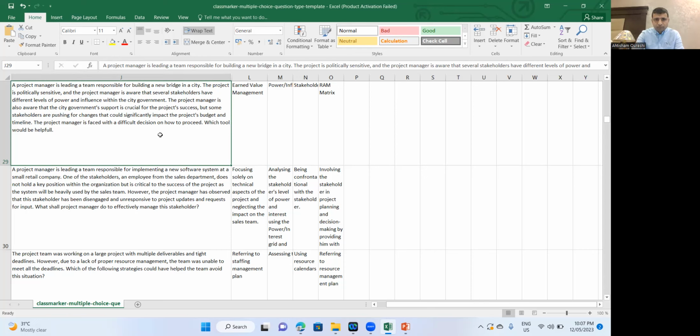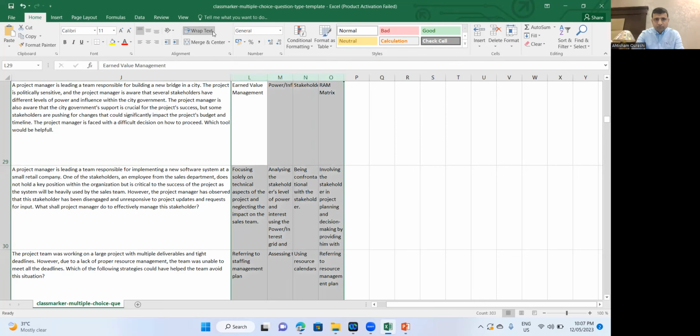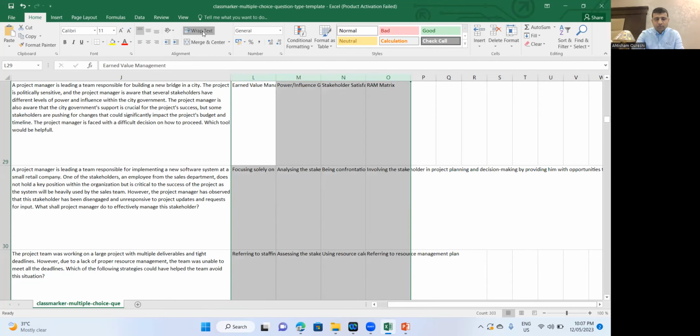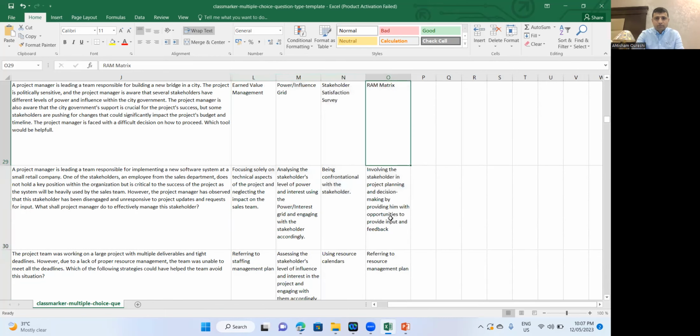The project manager is also aware that the city government support is crucial for the project's success. But some stakeholders are pushing for changes that could significantly impact the project's budget and timeline. The project manager is faced with a difficult decision on how to proceed.